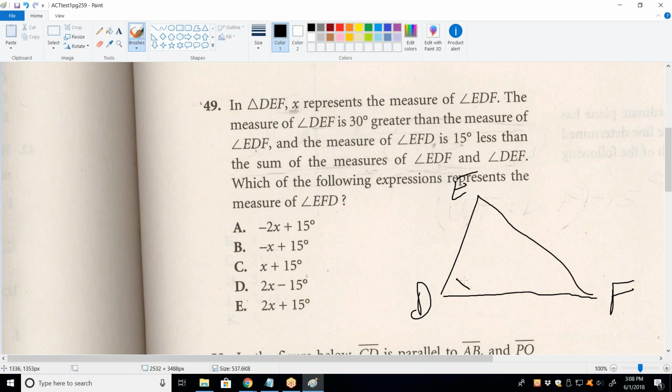That's the angle I'm going to call X. Because now what is E? 30 degrees greater. So that's X plus 30, right? Now what is F? And the measure of EFD, which is F, is 15 degrees less than the sum of the other two. So what's the measure of F?